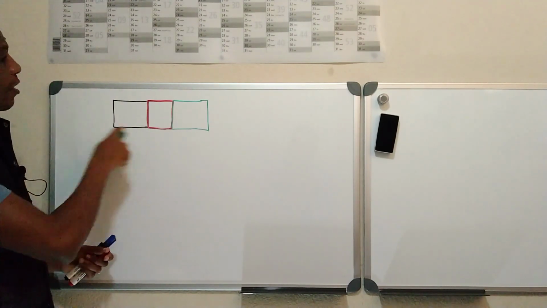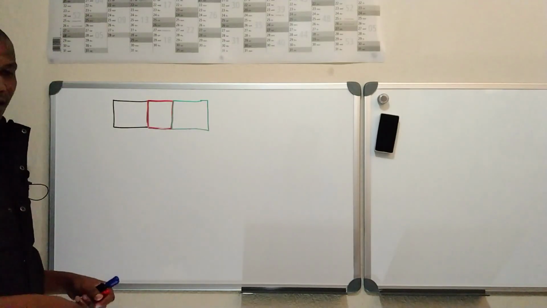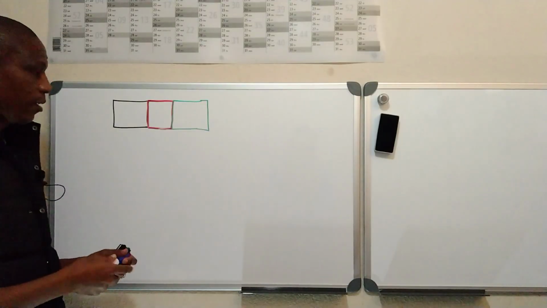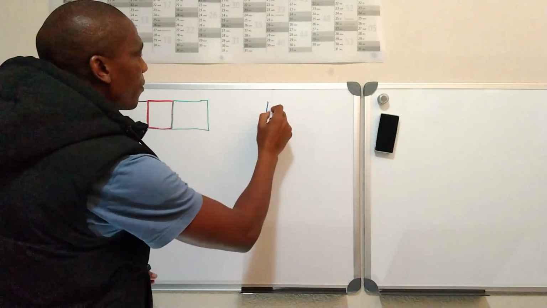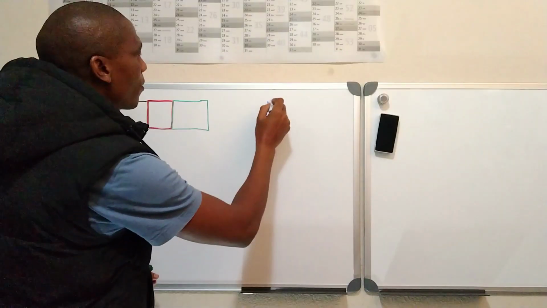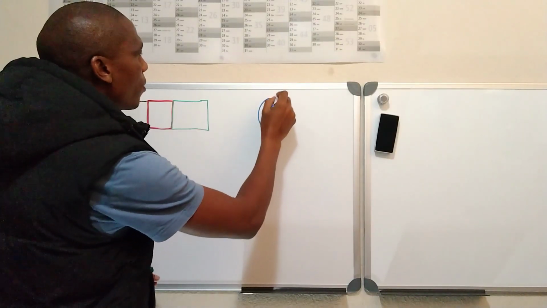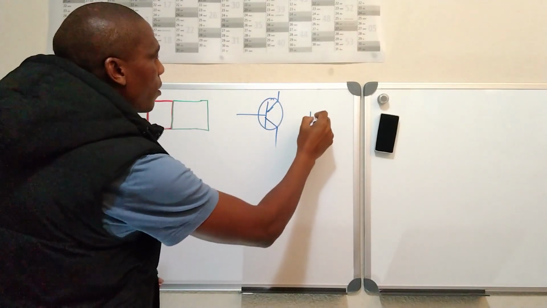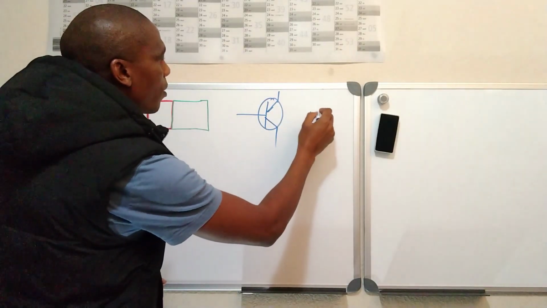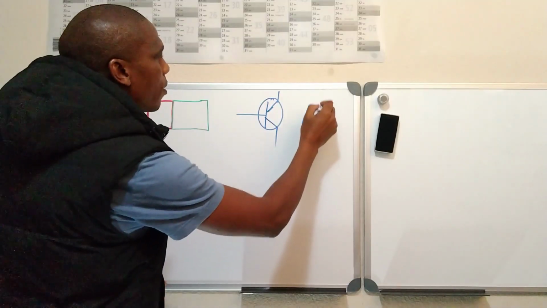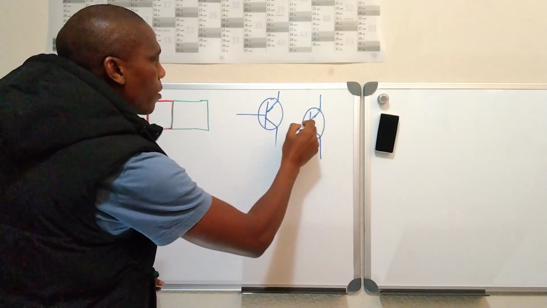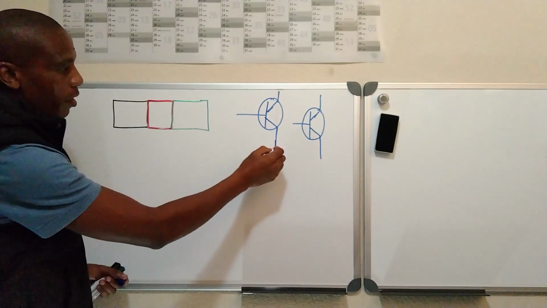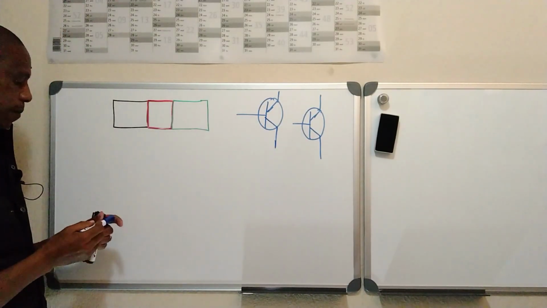This is the interior, the inside of the transistor. We have two types of transistors. This is the symbol of a transistor. If you see this drawing in a circuit diagram, you must know this is a transistor.